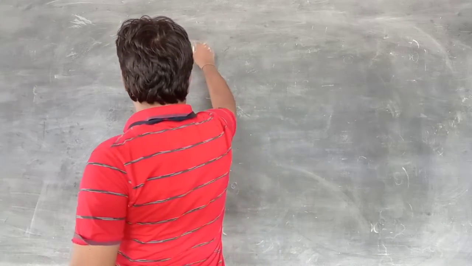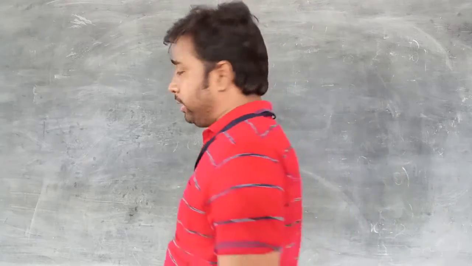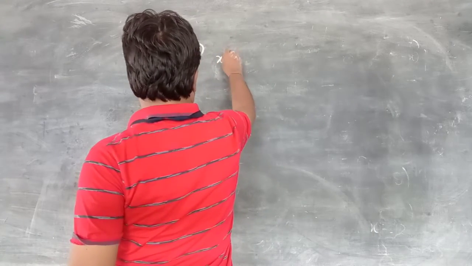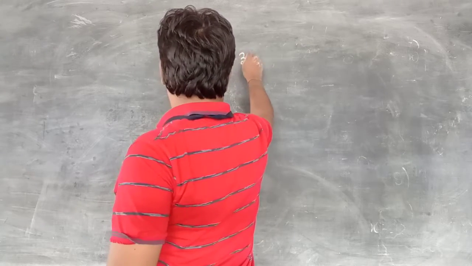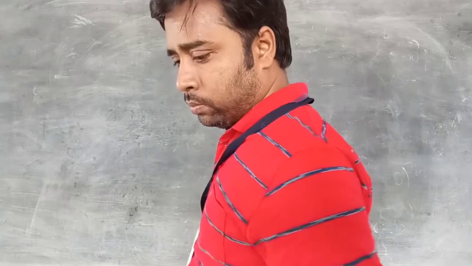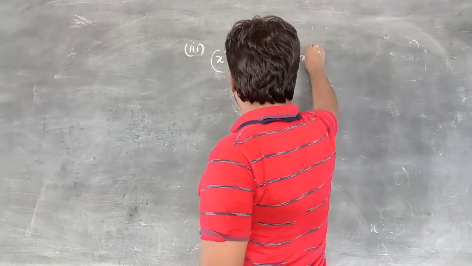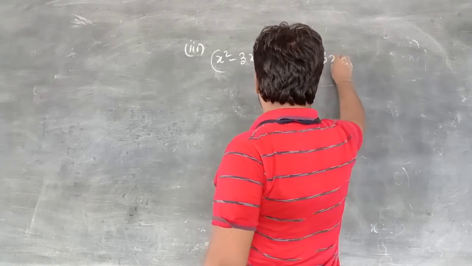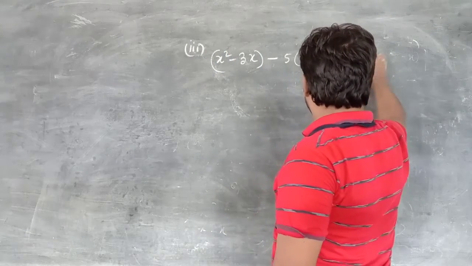You see here. Question number 3 is x square minus 3x minus 5 into x square minus 3x plus 6 equal to 0.